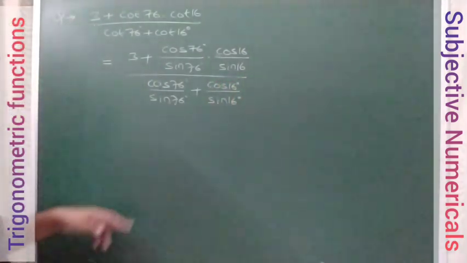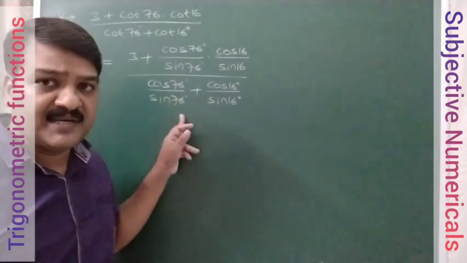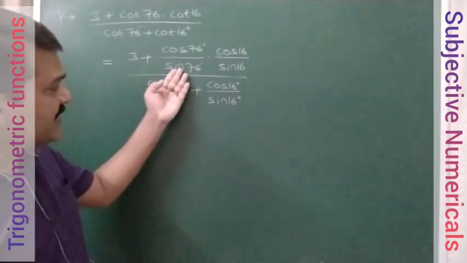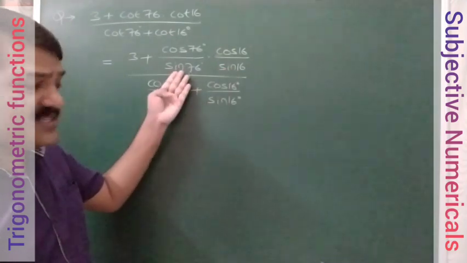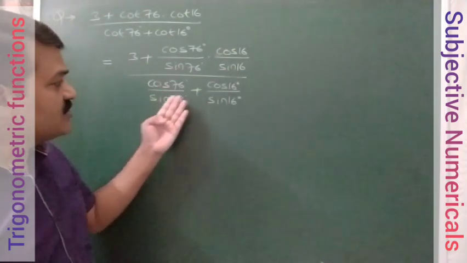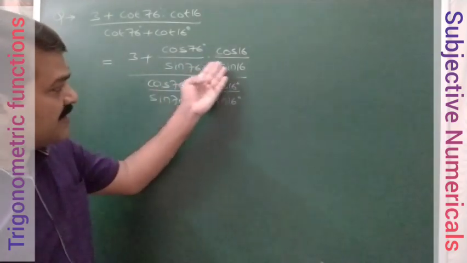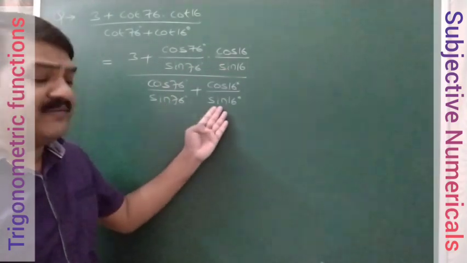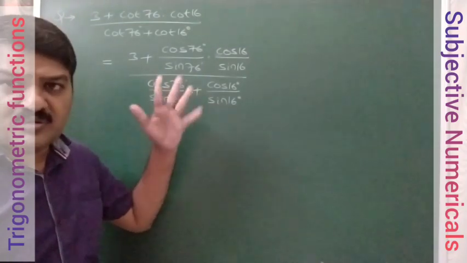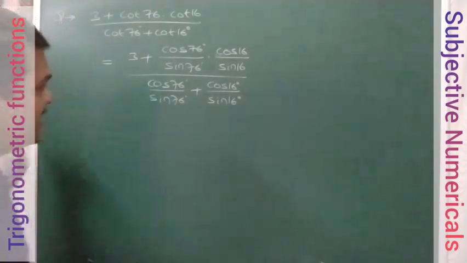Now we will take LCM in numerator and denominator. So when you take LCM, sine 76 sine 16 is the LCM here, and here also sine 76 sine 16 is the LCM. So the LCM part of this numerator and denominator will be automatically cancelled. No need of writing that. Only numerator parts I am writing.